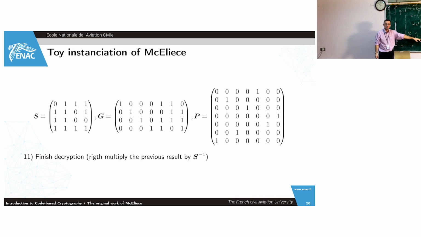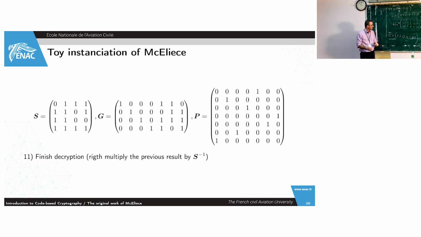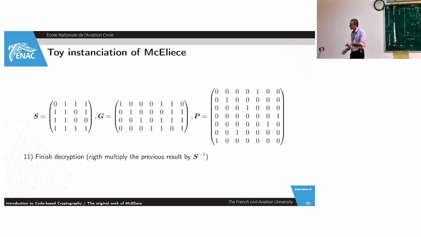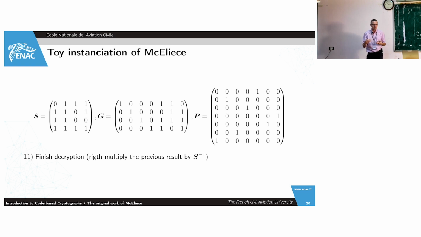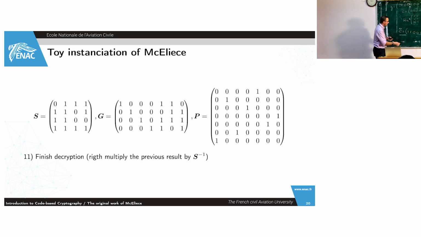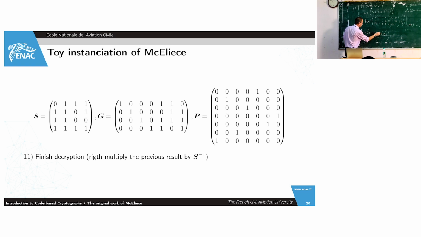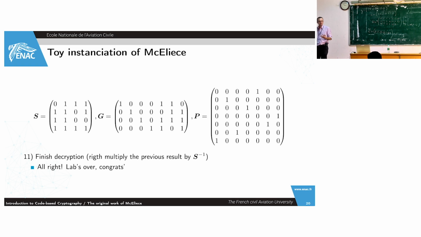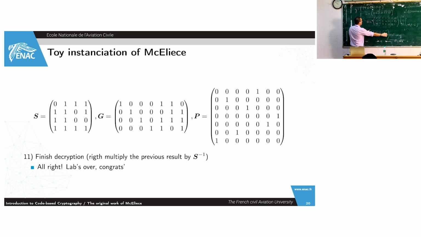Otherwise, I won't be able to multiply by S minus 1. And here, since the generator matrix G is in systematic form, I know that the message is represented by the 4 first bits. So the C tilde I get is not this whole stuff, the Y plus or minus the error. It's only the 4 bits here.